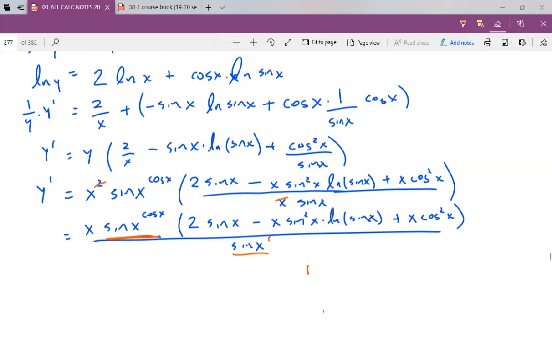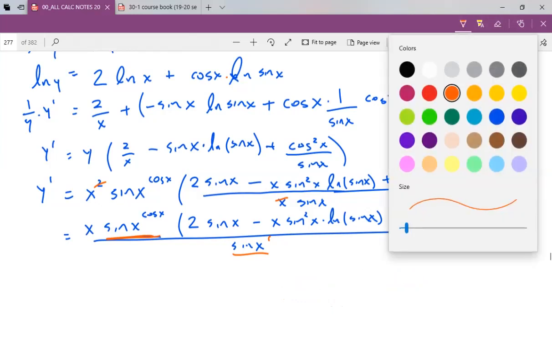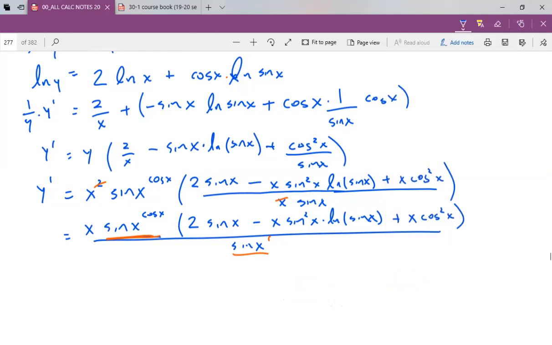What it would look like in our next step is it would probably look like this. It's going to be equal to x times sine x to the cos x minus 1 as its exponent. So we could do that just to tidy up that denominator if you wanted to.